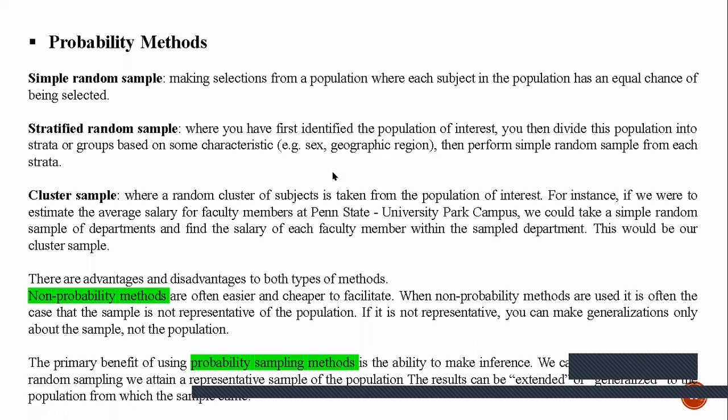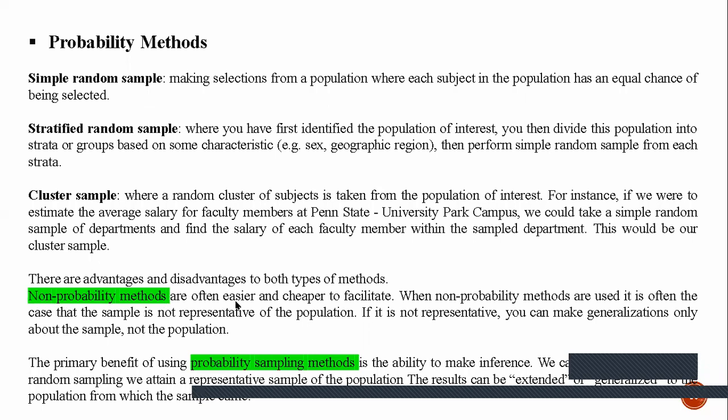There are advantages and disadvantages to both types of methods, the non-probability methods as well as the probability sampling methods. Here I have mentioned the disadvantages as well as the advantages of those two. You can go through these.